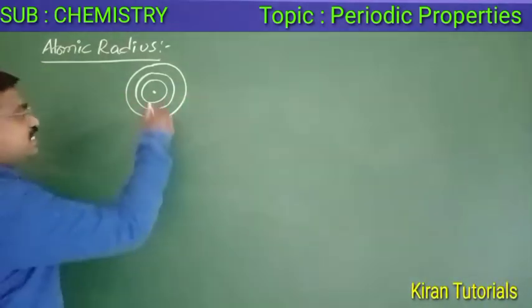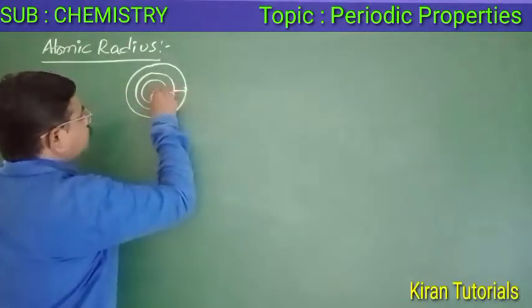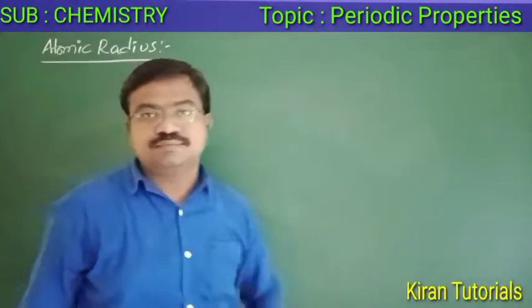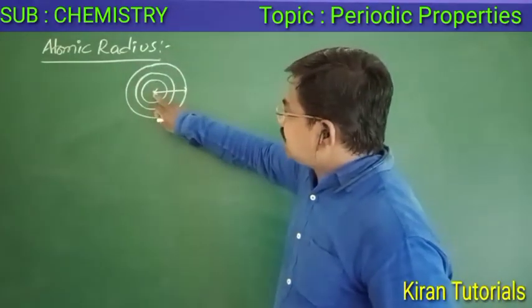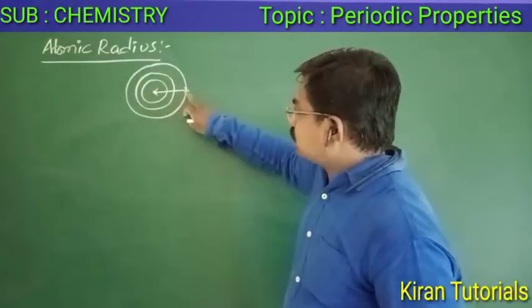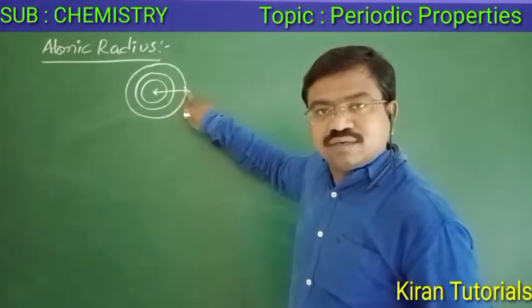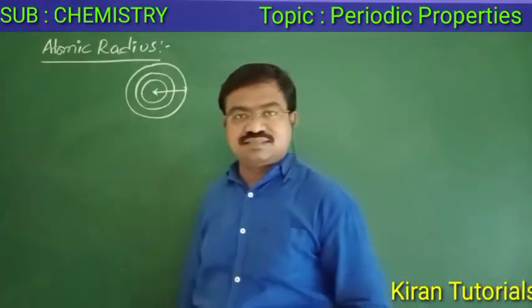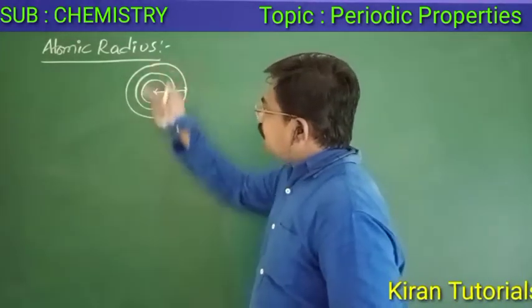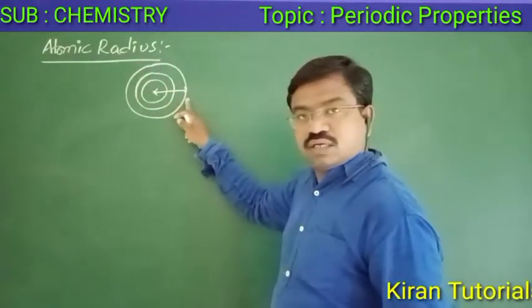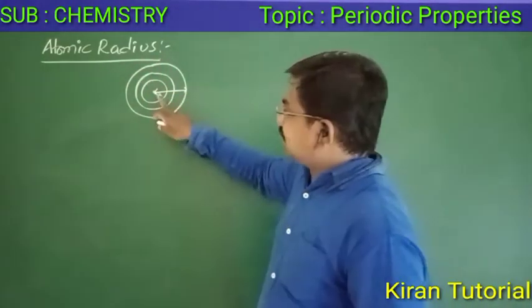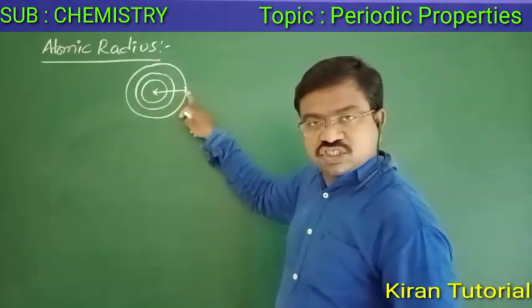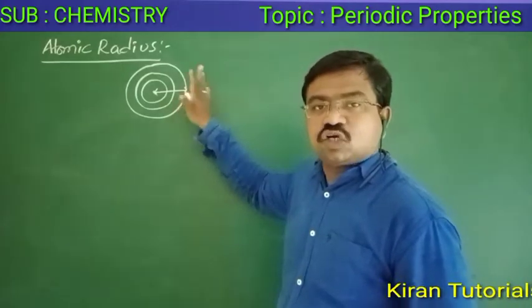So the distance between the center of the nucleus to the outermost orbit is called atomic radius.